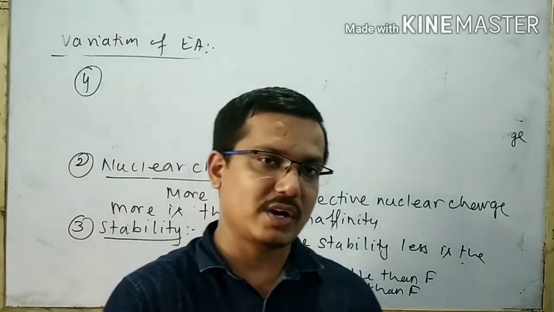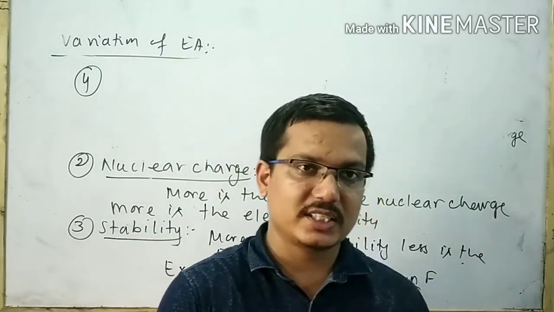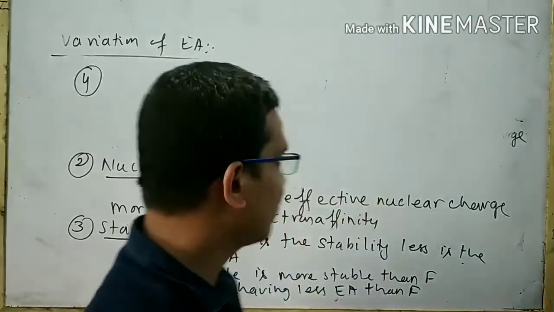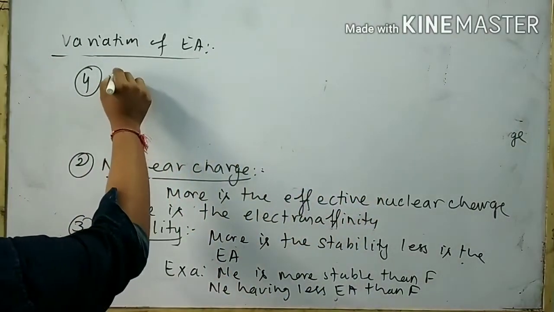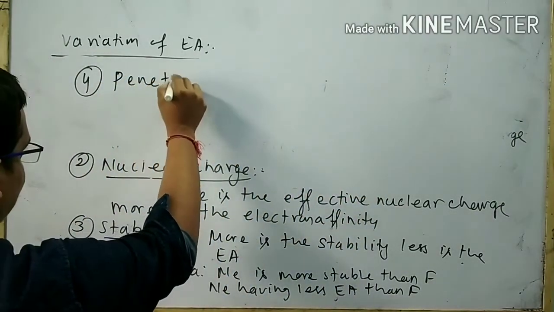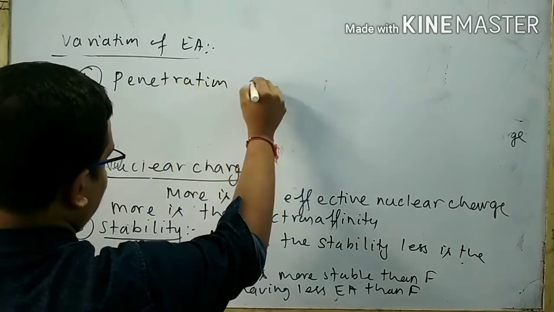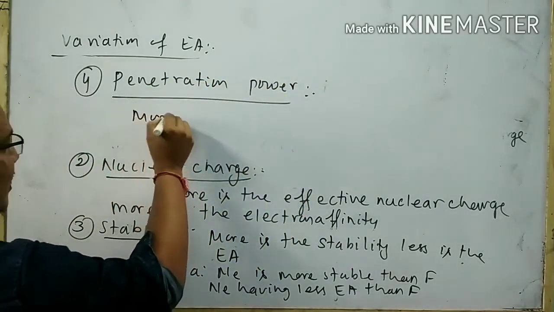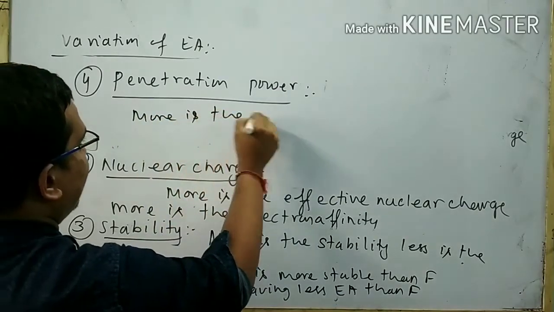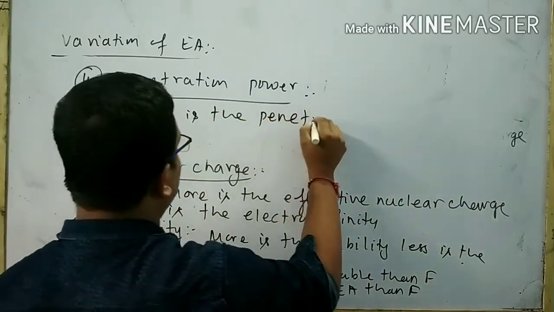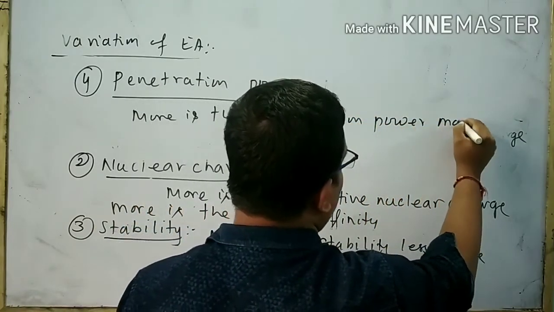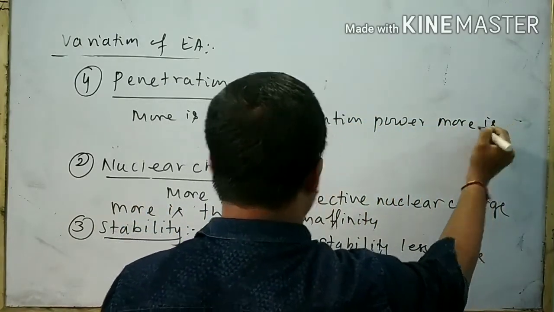More is the tendency to attract the electron towards itself, indicates that more is the electron affinity. That means more is the penetration power, more is the electron affinity.